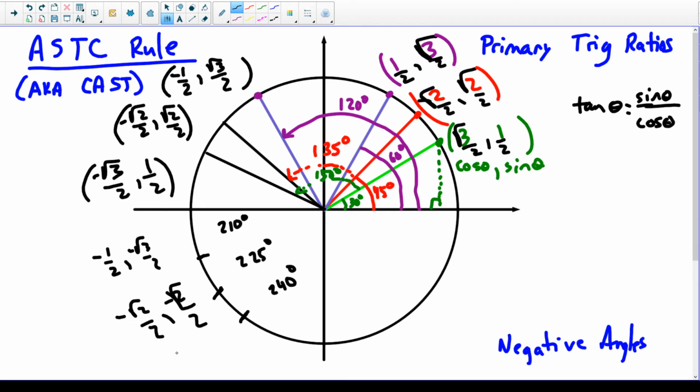Wait a second, I'm making a mistake there. Sorry about that. So the 210 is mirrored from the 30-degree angle, which is root 3 over 2 and 1/2. Both of them are negative.